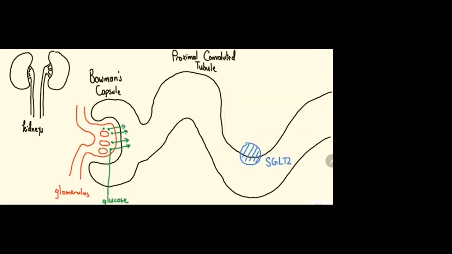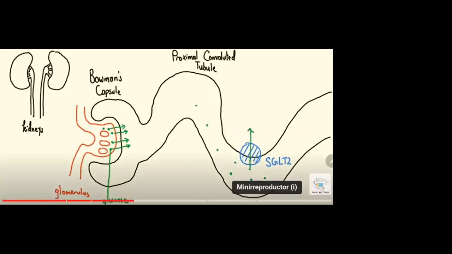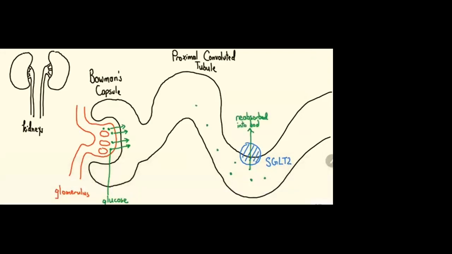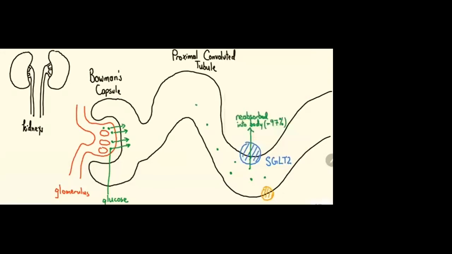SGLT2 is a protein in the proximal convoluted tubule that acts to reabsorb filtered glucose back into the blood. Approximately 97% of filtered glucose is reabsorbed into the body through SGLT2, and the remaining 3% is reabsorbed through another protein called SGLT1. As a result, very little glucose is excreted through the urine.